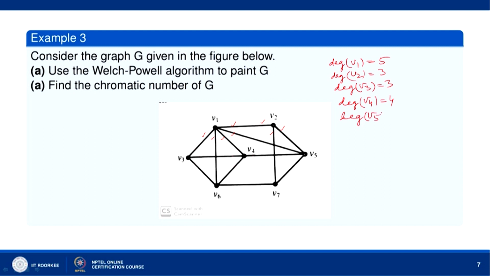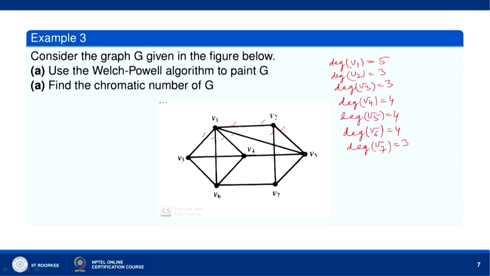Degree of B5: 1, 2, 3, 4. Degree of B6: 1, 2, 3, 4. Degree of B7: 1, 2, 3.